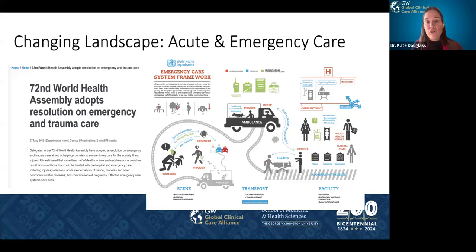This is a larger effort across different INGOs in the past years, where the increasing awareness of the importance of acute and emergency care globally for all people is receiving increased investment and interest. There are toolkits available at the WHO for various aspects of this work, including workforce development. There's a ton of work going on across the globe, which brings us to our webinar today.